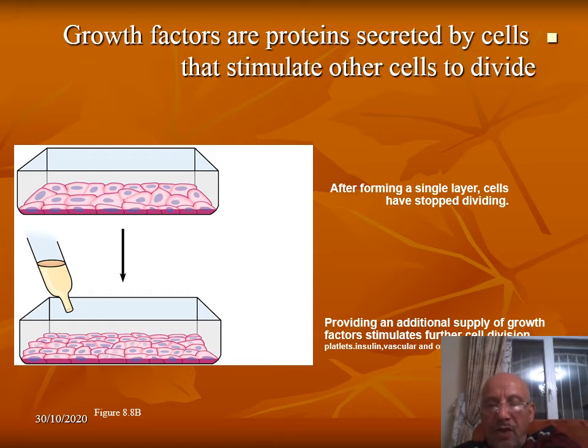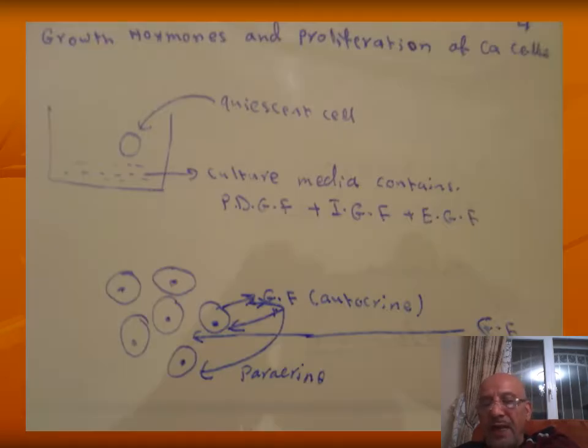Actually, these promoting factors are growth factors, like platelet derived growth factor, insulin-like growth factor, vascular endothelial growth factor, and other growth hormones. As you see here, if we provide the quiescent cells with the proper growth factors, they will start to grow and proliferate.